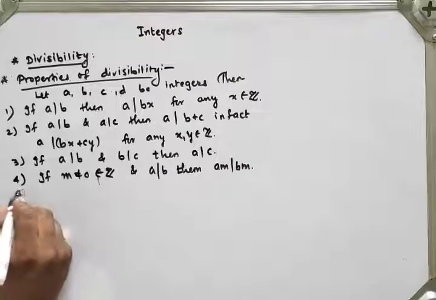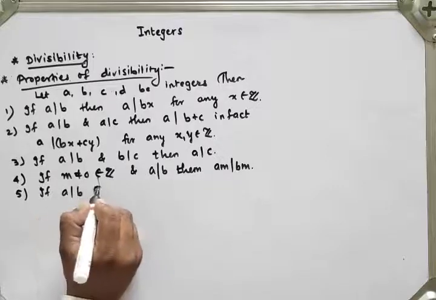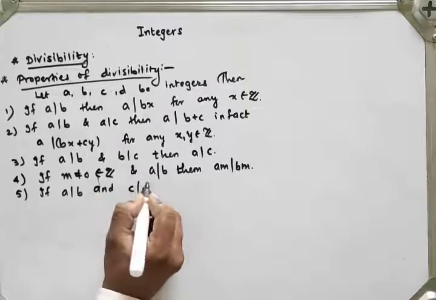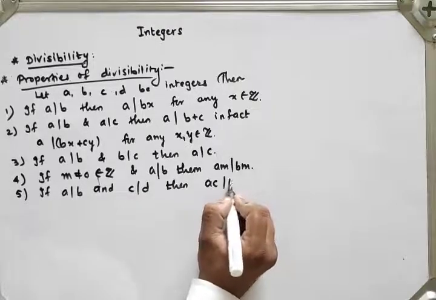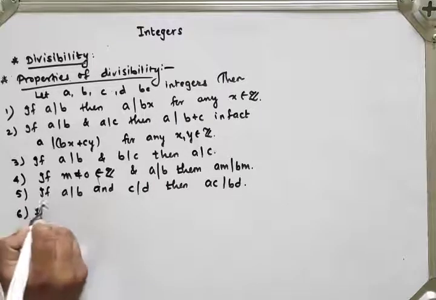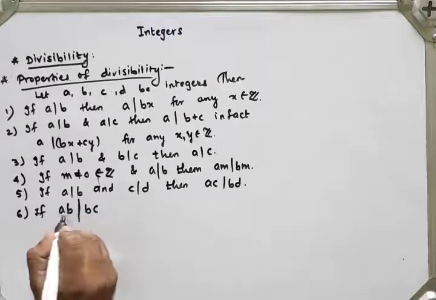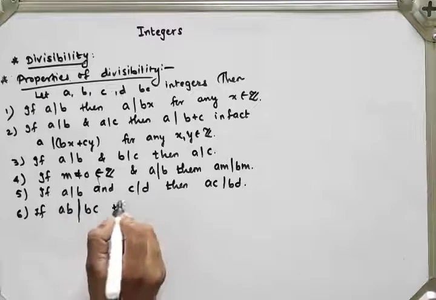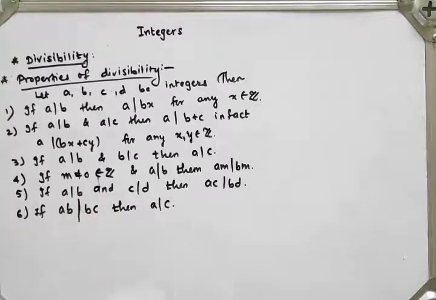Fifth one, if a divides b and c divides d, then a into c also divides b into d. And sixth property is, if ab divides bc, then show that a divides c. So we have to prove all these six properties.